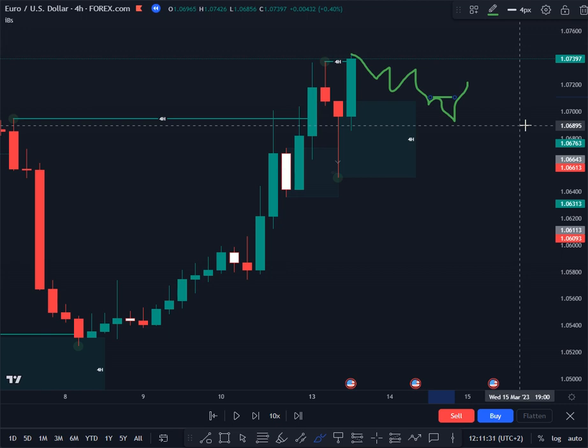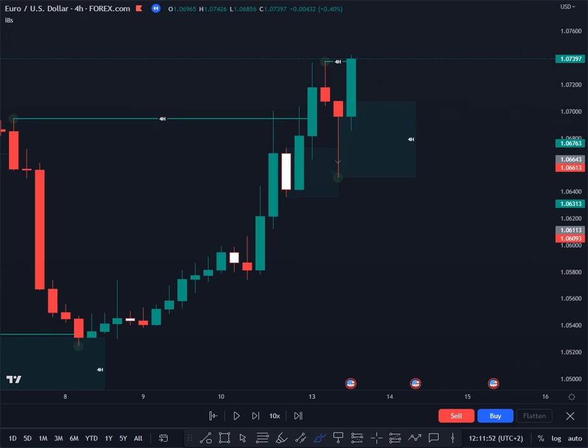I want to see the M15 come into the zone and start to break structure to the upside, right? Whether it's swing structure or minor structure, I don't care. As long as price comes into the zone and starts breaking structure to the upside, then we're gonna look to seriously capitalize on catching this move, right?